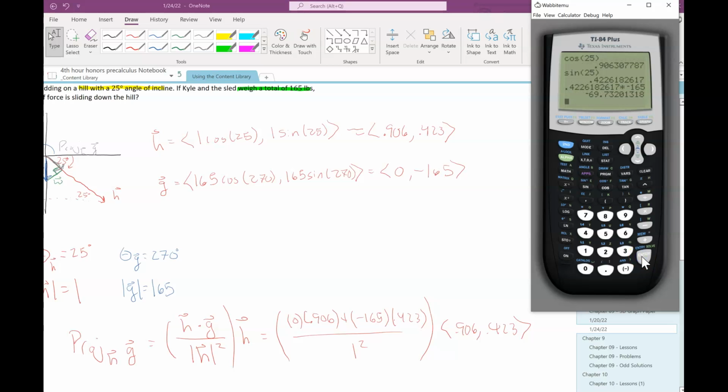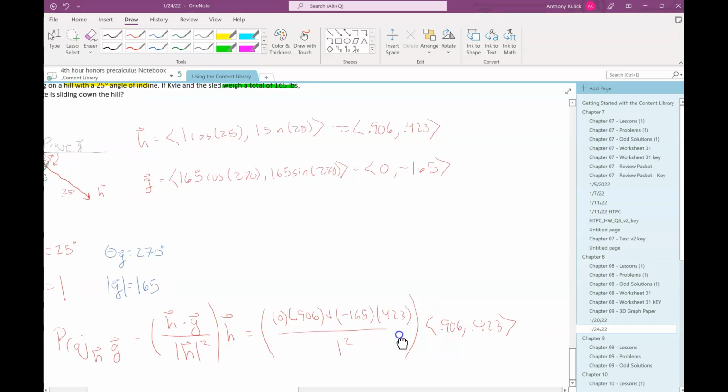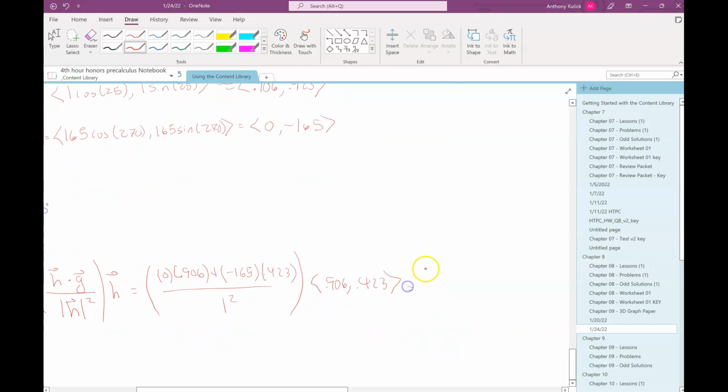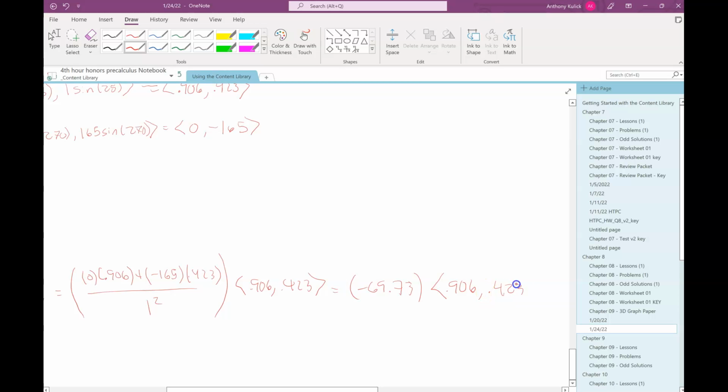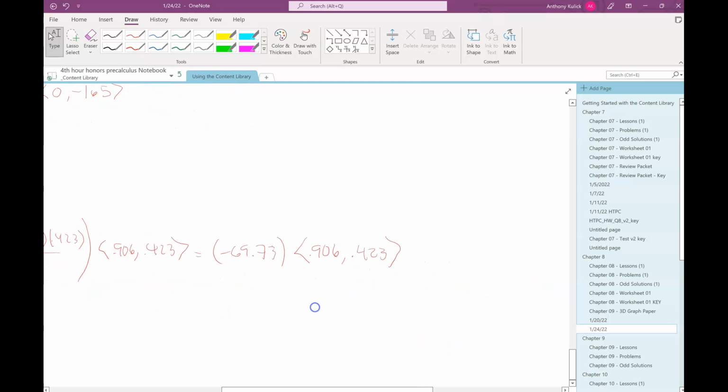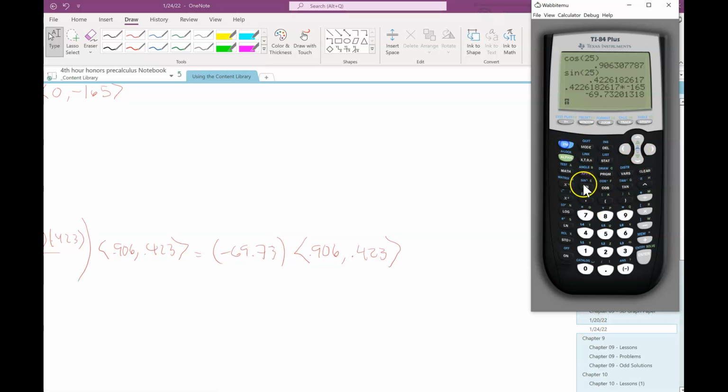So that gives me negative 169.73. I'm sorry, positive 69.70, or negative, try it again. Negative 69.73. And then I just need to multiply that piece in to each one of those.